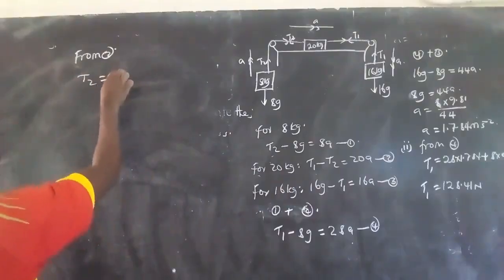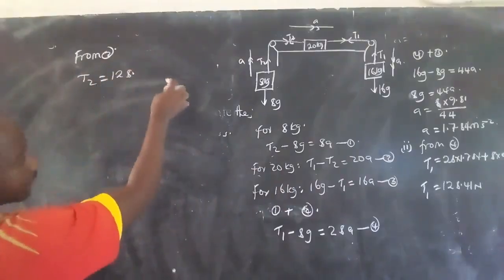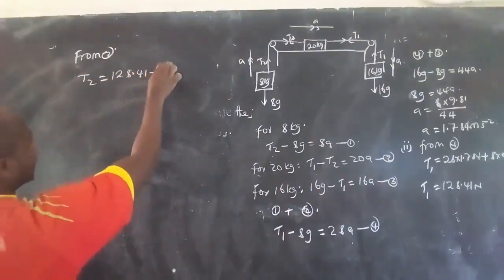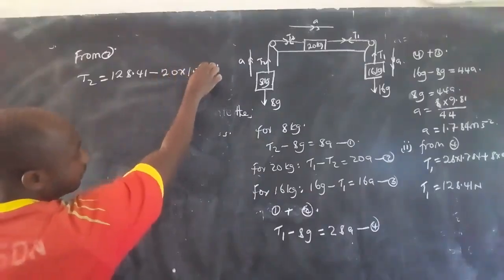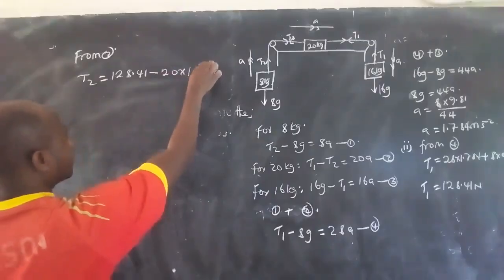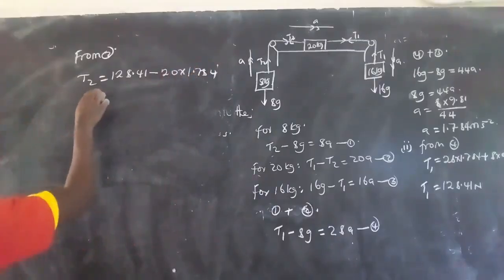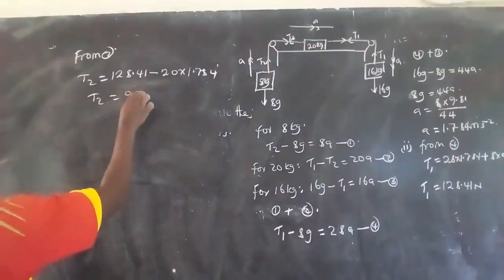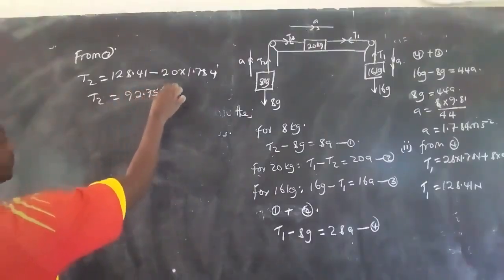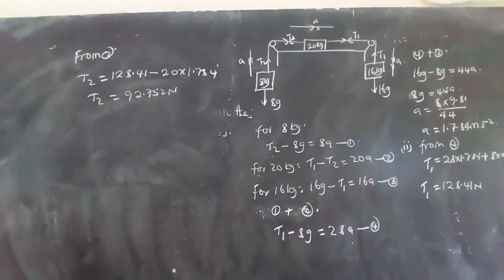T1 is 128.41 minus 20 times acceleration 1.784. So our T2, we shall get 92.752 newtons. Use the calculator and see what we get.